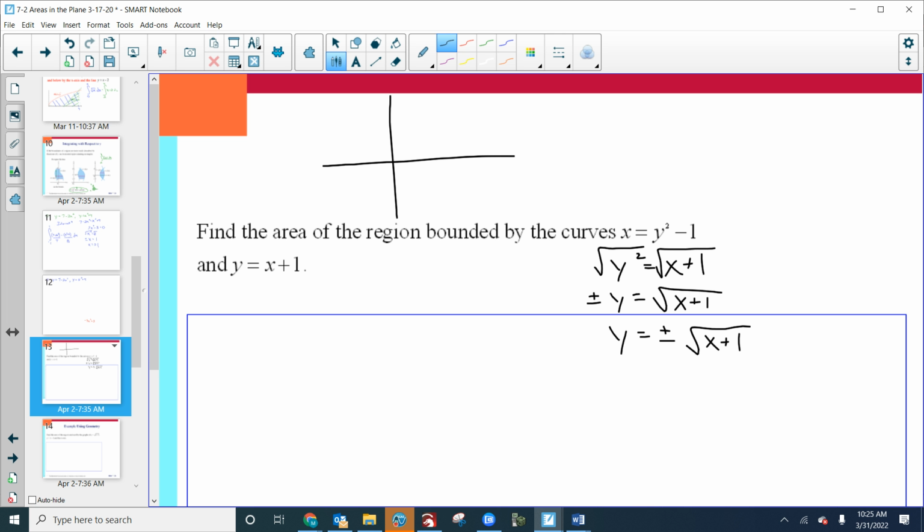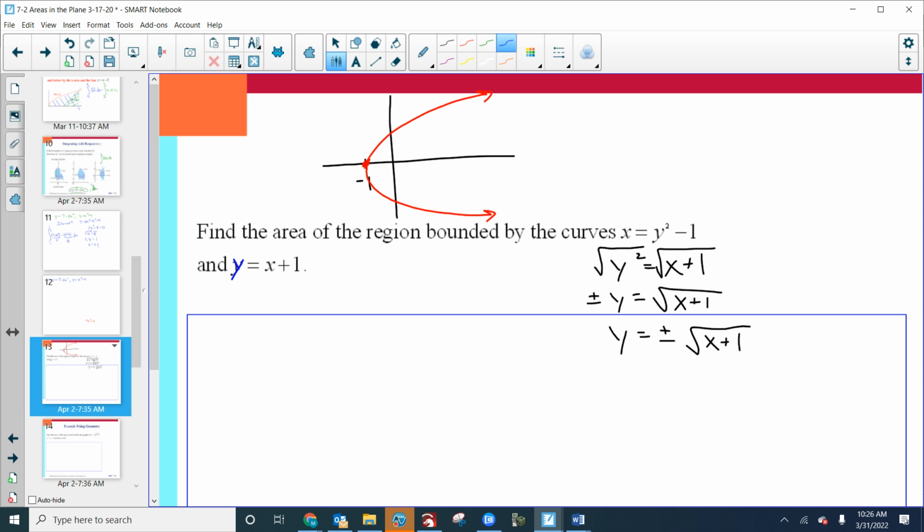That's the way I remember it. Or you can just remember the rule: inside parentheses, opposite translation. The plus 1 causes it to move left 1. And it's the top half, and it's the bottom half.